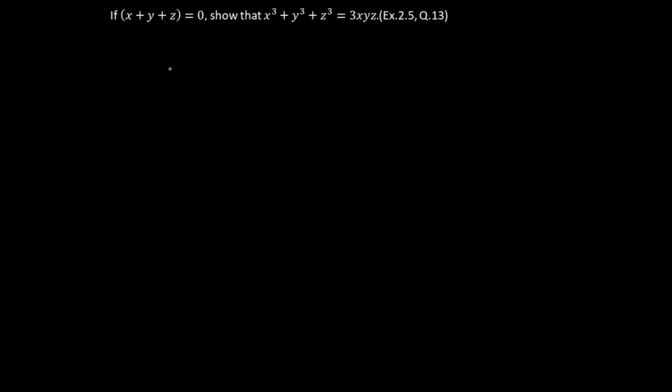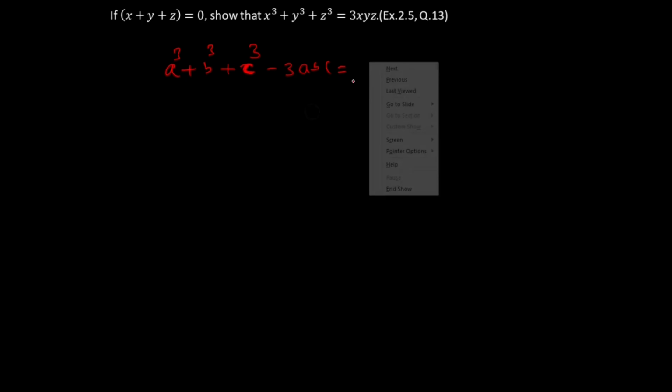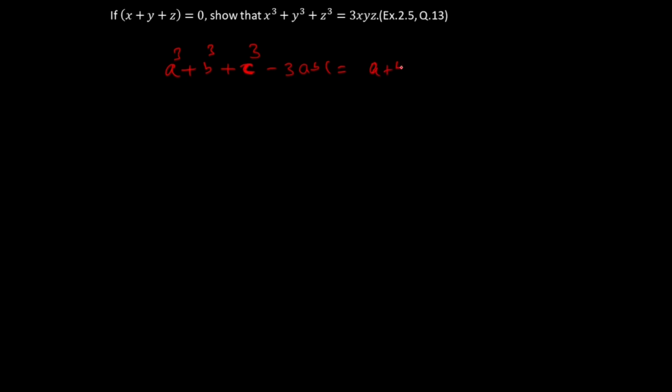We know one identity here, and that identity is a cube plus b cube plus c cube minus 3 times ABC equal to A plus B plus C times A square plus B square plus C square minus AB minus BC minus CA.